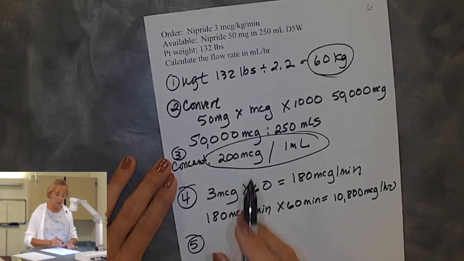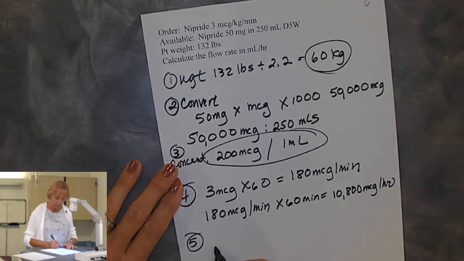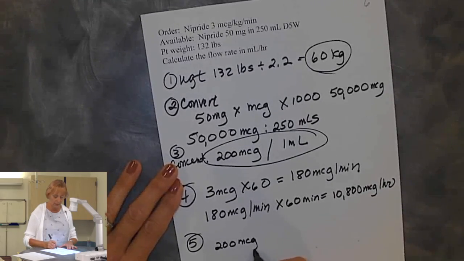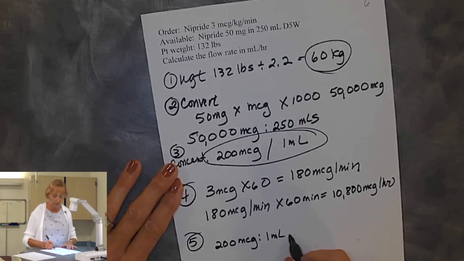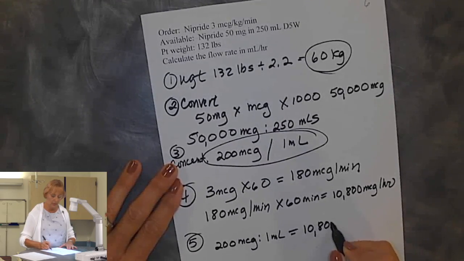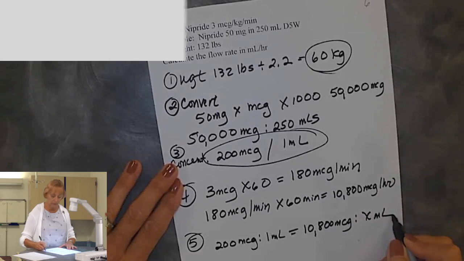So you still want to know how fast you're going to set your pump. So if you have 200 micrograms in 1 mL, and that's equal to 10,800 micrograms per X mLs.